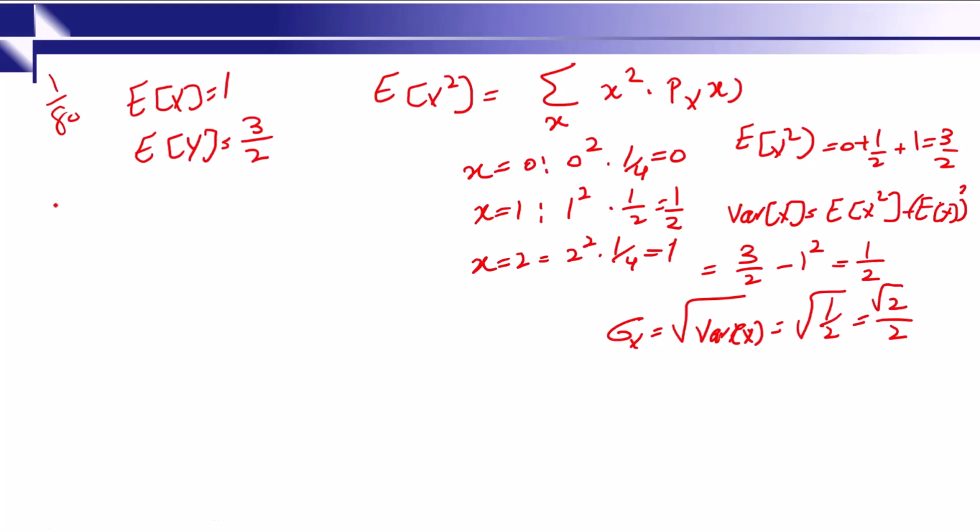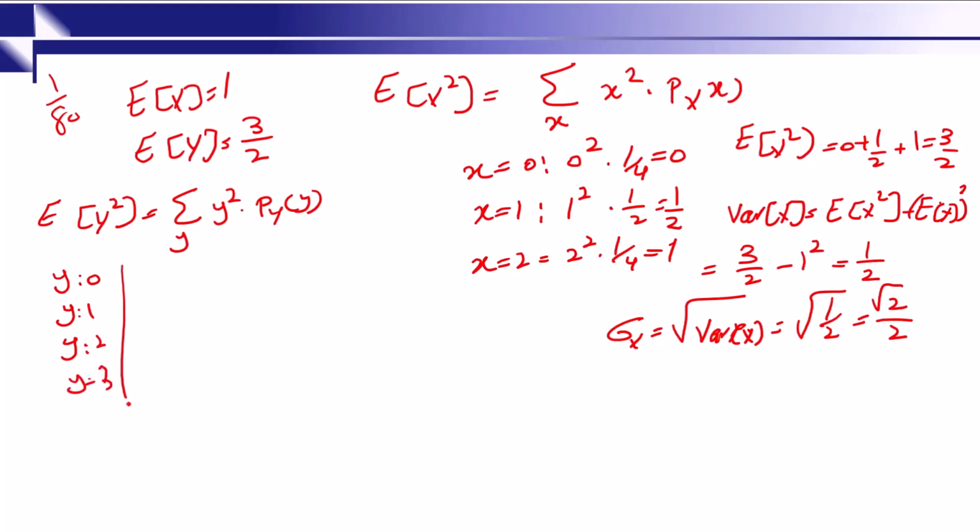So E of y squared is equal to the sum over y squared times p(y). We do the same: y can be 0, 1, 2, or 3. So 0 squared multiplied by the marginal of y = 0, 1/8, is equal to 0. 1 squared multiplied by 3/8 is equal to 3/8. 2 squared multiplied by 3/8 equals 3/2.